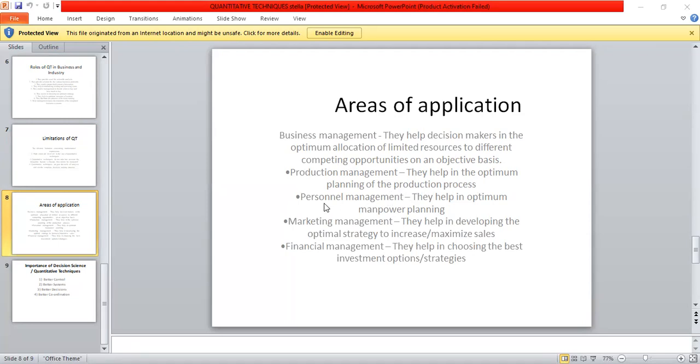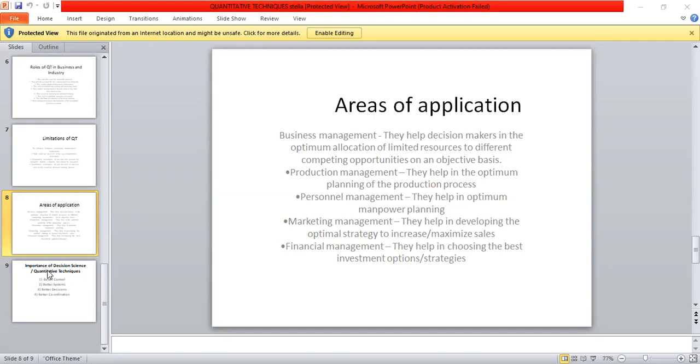Next, personnel management. They help in optimum manpower planning. And then marketing management. They help in developing the optimal strategy to maximize sales. And lastly, financial management. They help in choosing the best investment options and strategies.